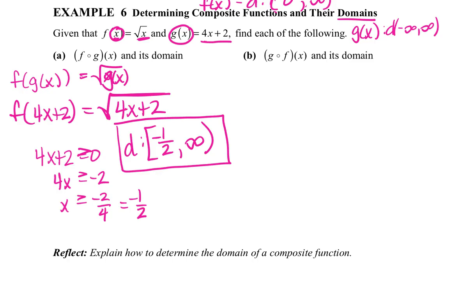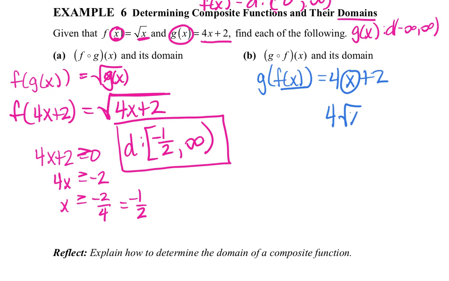Now on this side over here, we're going to do g of f of x. So that means you're going to take your 4x plus 2, and you're going to replace your x's with f of x. So f of x is the square root of x plus 2.